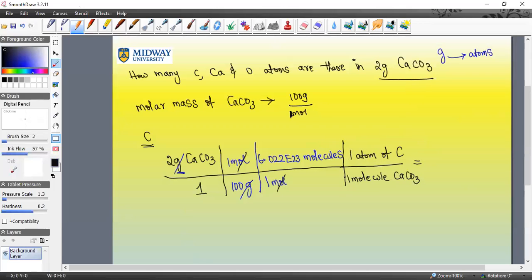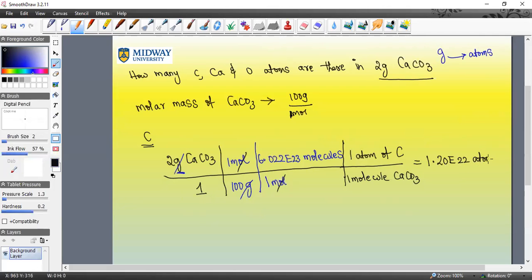It's 2 divided by 100, times 6.022 exponential 23, times 1. So that will be 1.20 e to the 22 atoms.